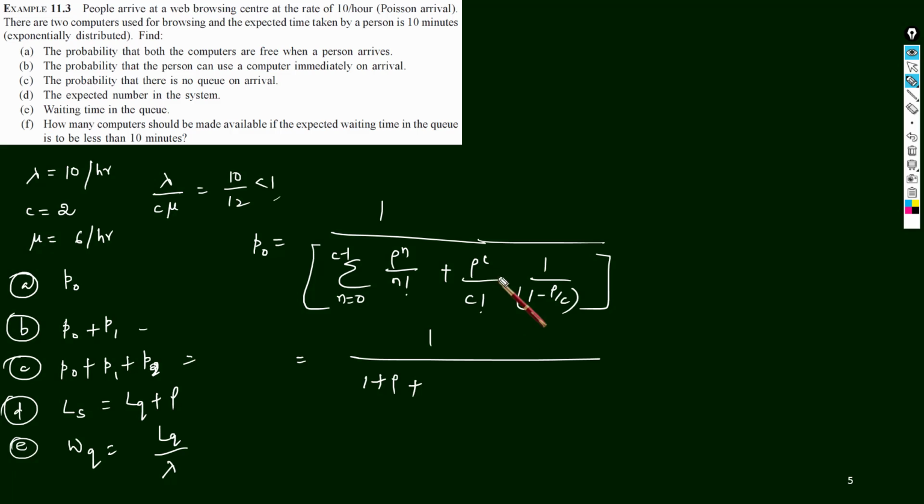Plus, here the c value is 2, so the next term will be rho square by 2 factorial, upon 1 by 1 minus rho by c. Rho is lambda upon mu, so this is 10 by 6.